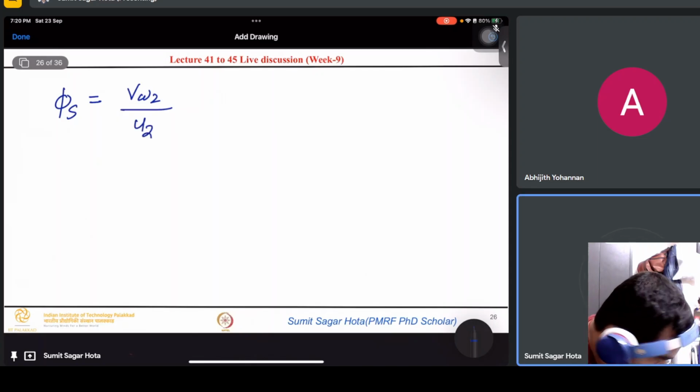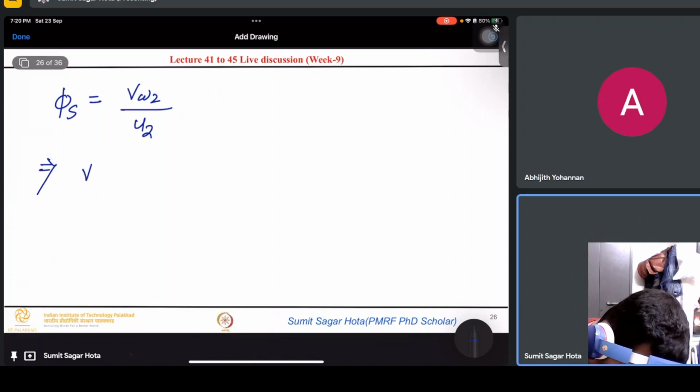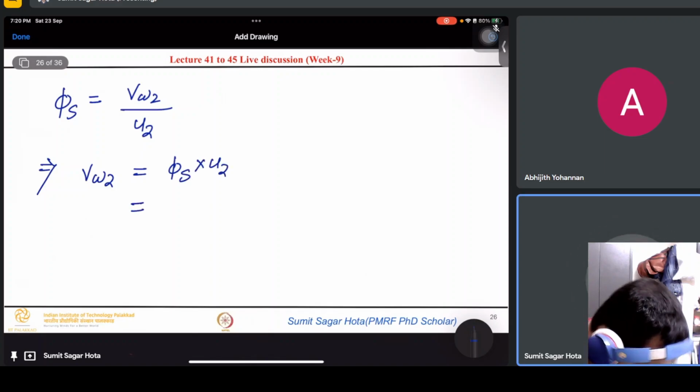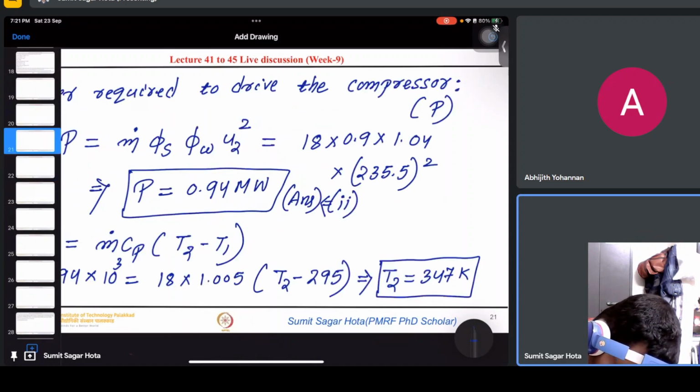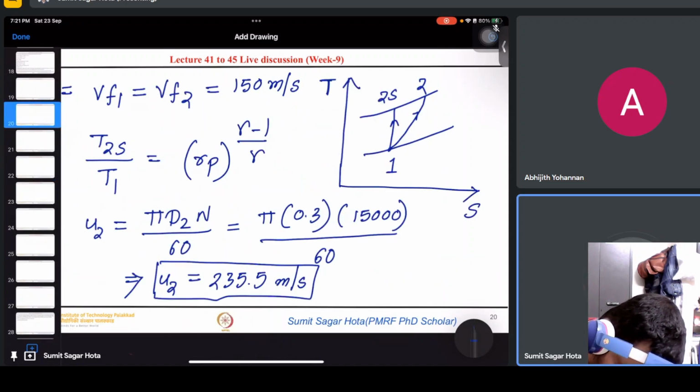This is the formula. We don't know BW2, so it equals phi s into U2. What is phi s? 0.9. What is U2? U2 we already found out, 235.5.